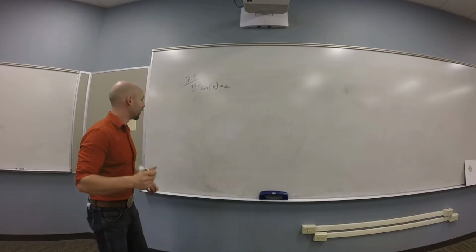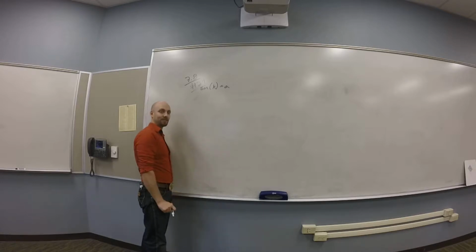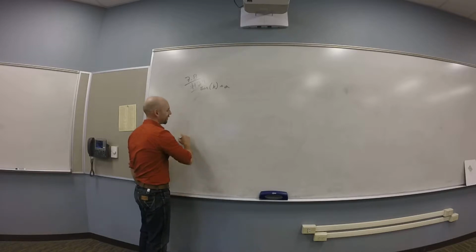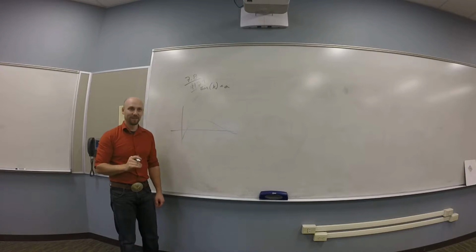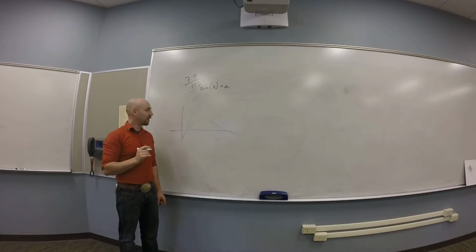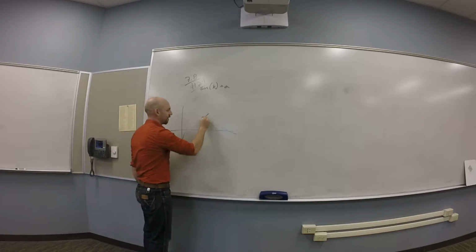So remember when we talked about maximum values, maximums, and maximums at something? Here's a picture of a function. Where is the maximum? The maximum is a point, right here.